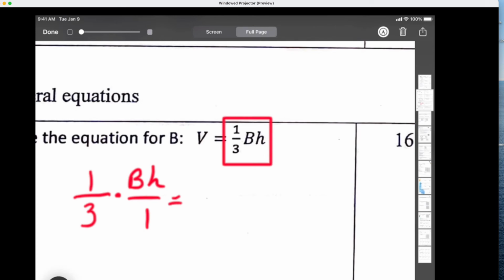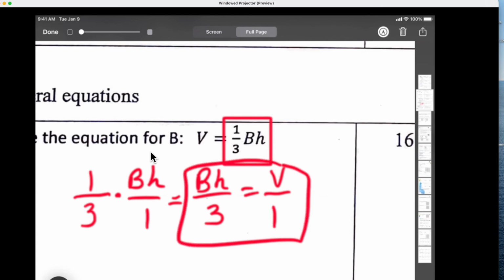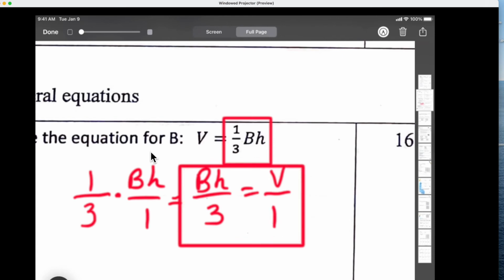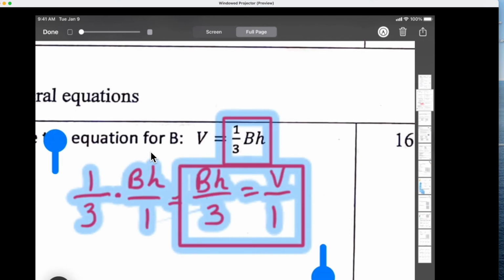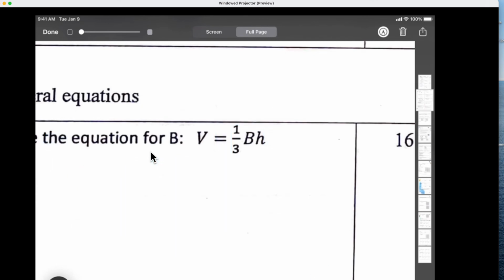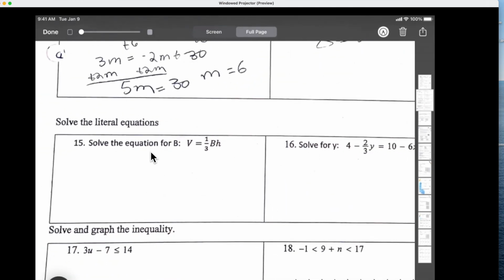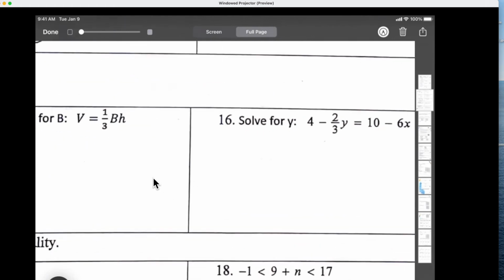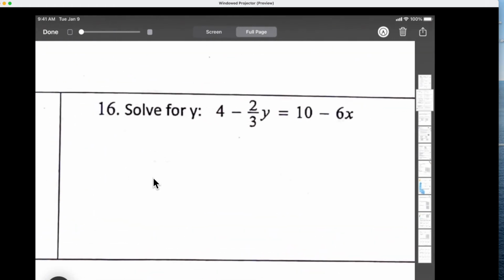Then, turning this V into a fraction, V over 1, and then from here, cross multiplying. So that's the intuition of how to solve these problems. When you see fractions, don't hesitate. When you see 1/3 times something, don't hesitate to put that BH over 1. Okay, let's see what happens with number 16 here.